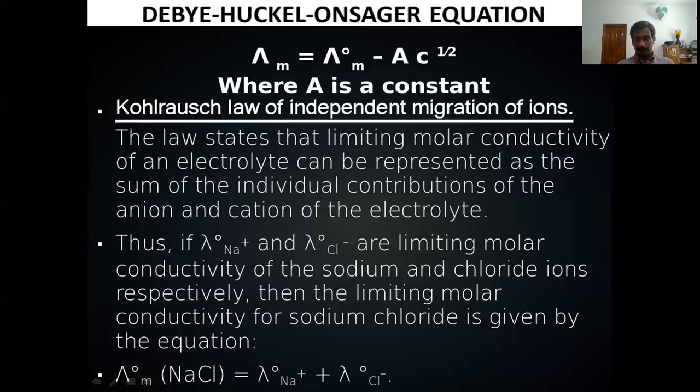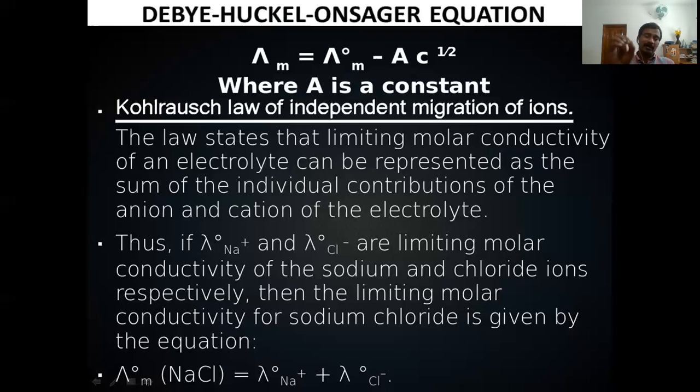So what is Kohlrausch's law of independent migration of ions? At infinite dilution, when the dissociation is complete, the limiting molar conductivity of an electrolyte can be represented as the sum of the individual contributions of the anions and cations of the electrolyte.